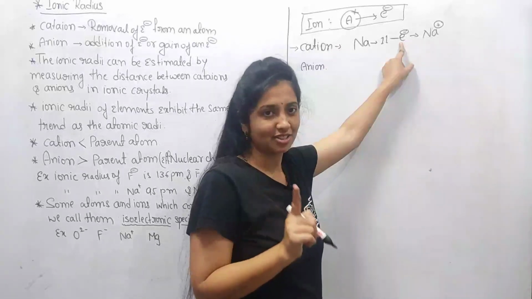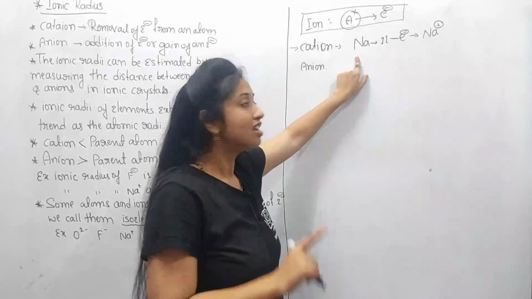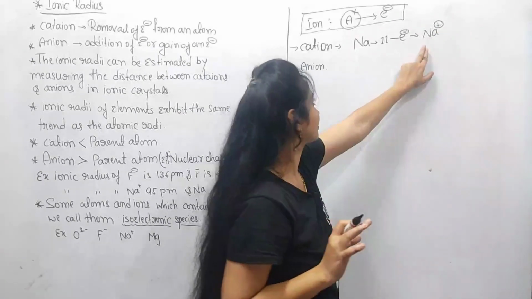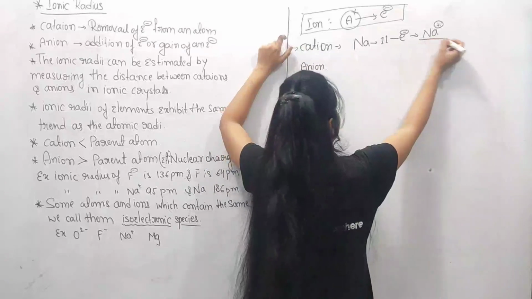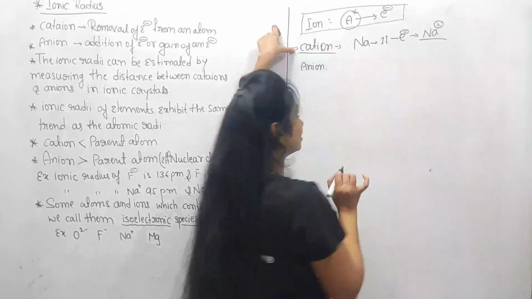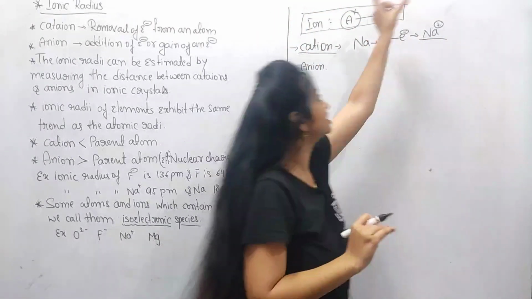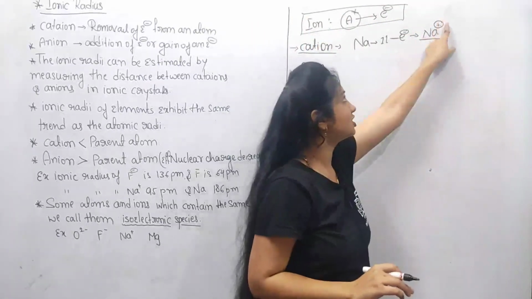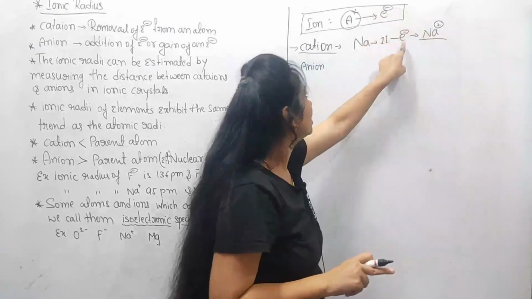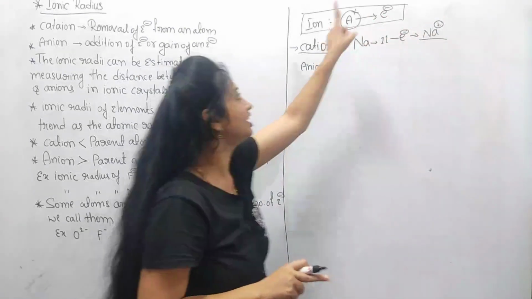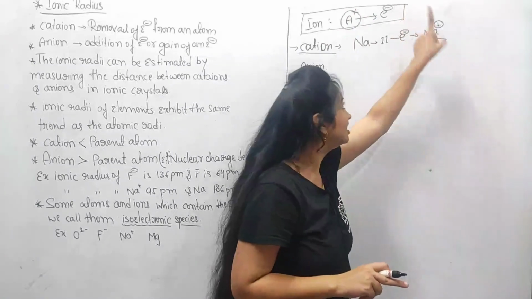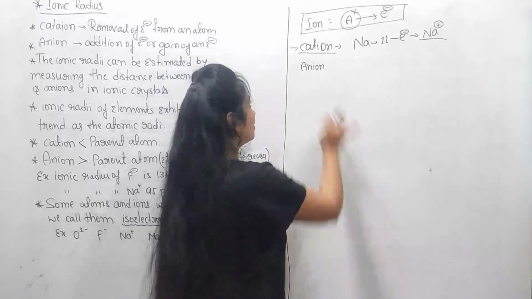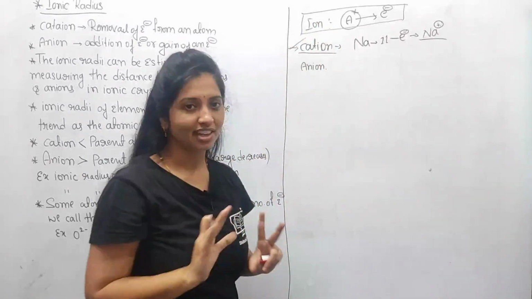Only one electron is removed from the sodium atom, so only one positive charge comes here. So sodium Na plus is a cation. The atom carrying a positive charge is called a cation. How does it carry the positive charge? When the removal of an electron takes place, then only it carries the positive charge, and this ion is called a cation. I hope you are clear about the concept of cation.